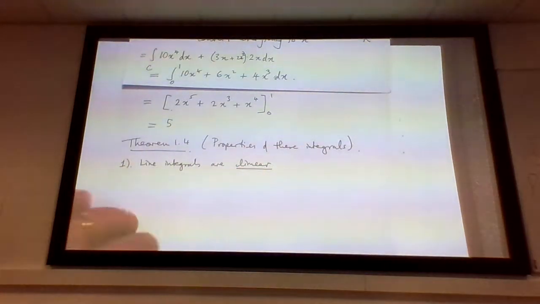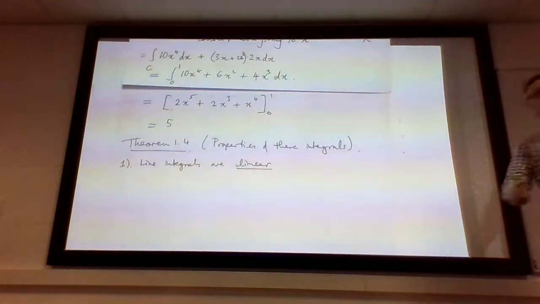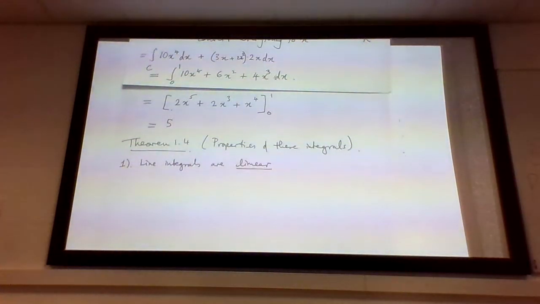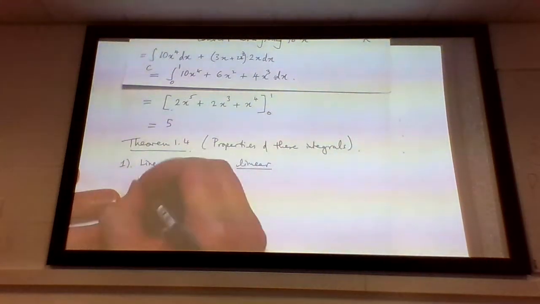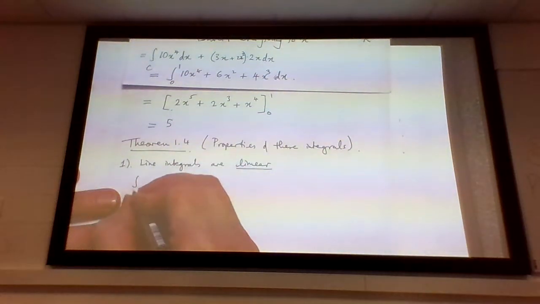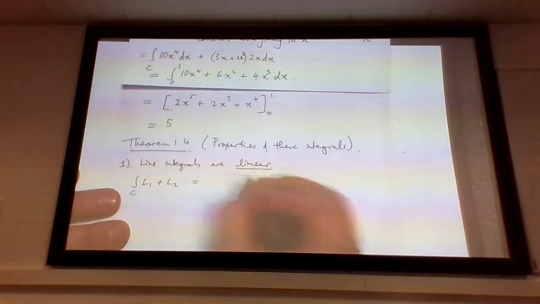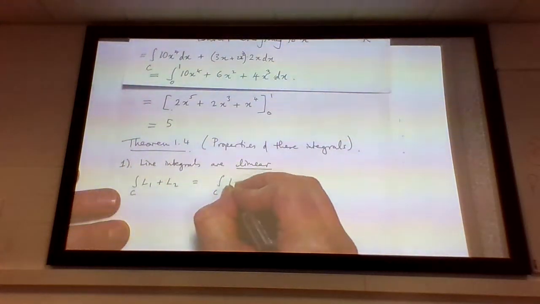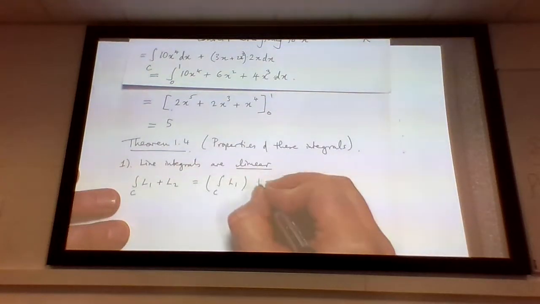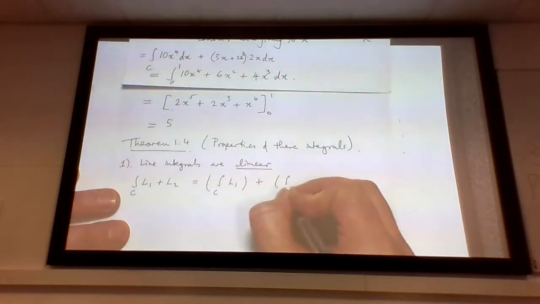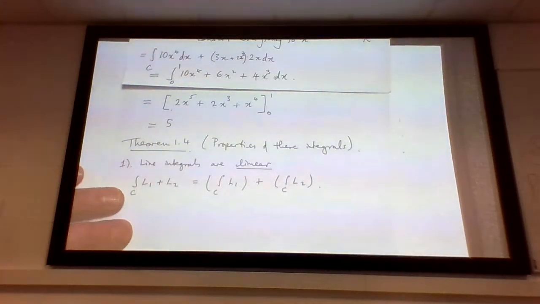Now you're studying linear algebra with Stephen at the moment, and you're familiar with this idea from your study of integrals up to now. But if we are integrating along a curve C two linear differential forms, we can split that up as the integral of one of them plus the integral of the other one. Okay.